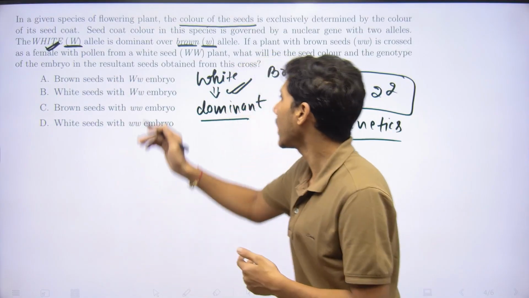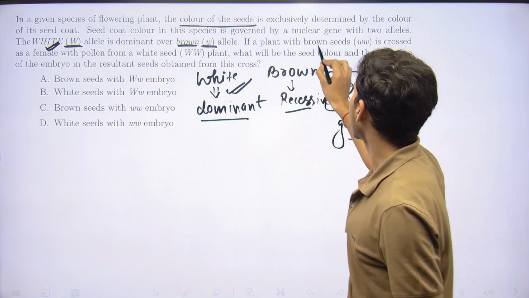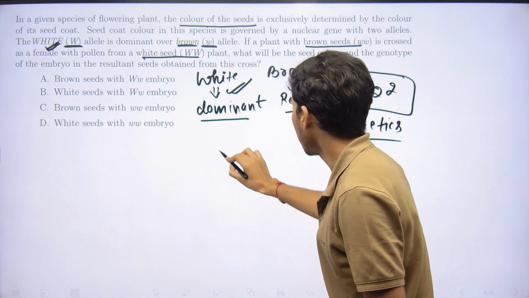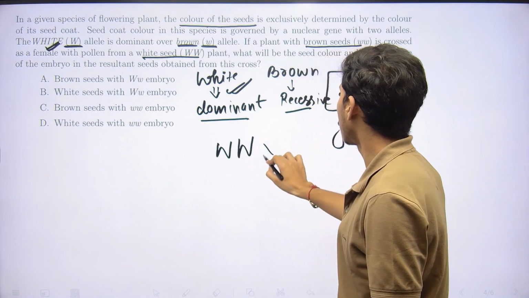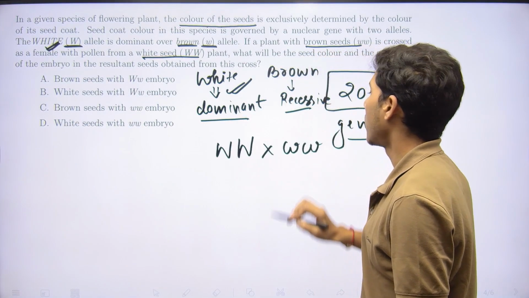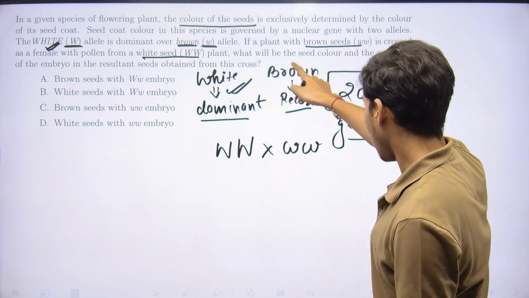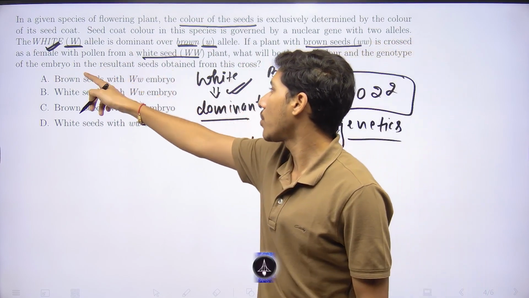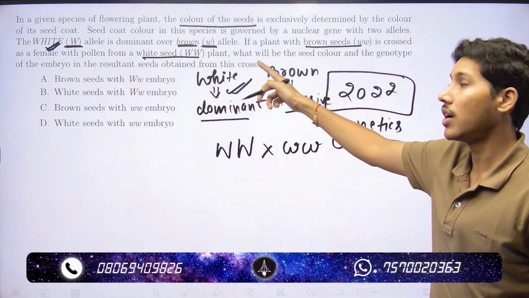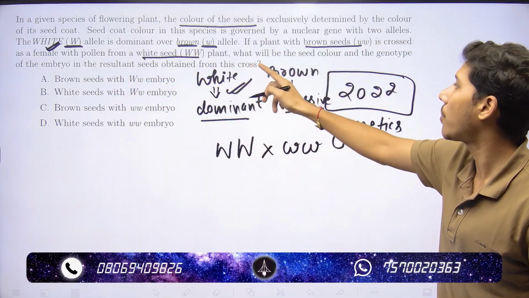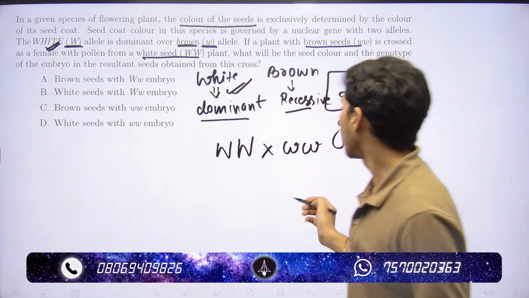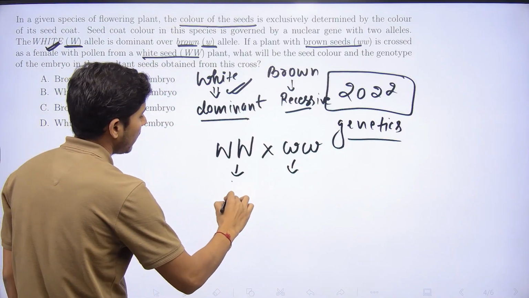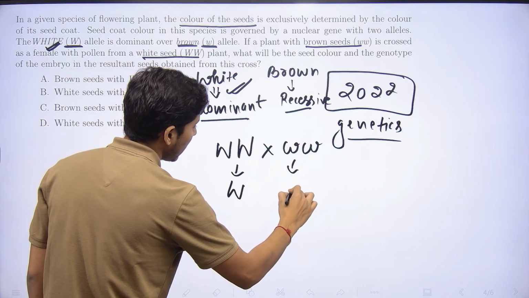Okay. Now they are saying that homozygous brown seeds and homozygous white seeds are being crossed. It means capital W is crossed with small w, and now they are asking what will be the seed color and the genotype of the embryo in the resultant seeds obtained from this cross. So just make a cross here. Here in the progeny side we will have one capital W and one small w.